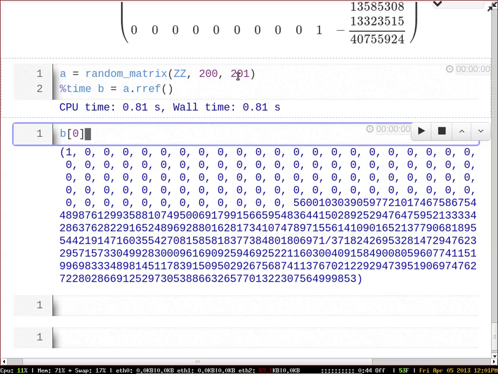The algorithm you use to compute the reduced row echelon form is roughly cubic. What you do is you start with this entry and then you clear the column. How much arithmetic do you do? If the matrix has n rows and n plus 1 columns, you're adding these n numbers to each of these other rows.